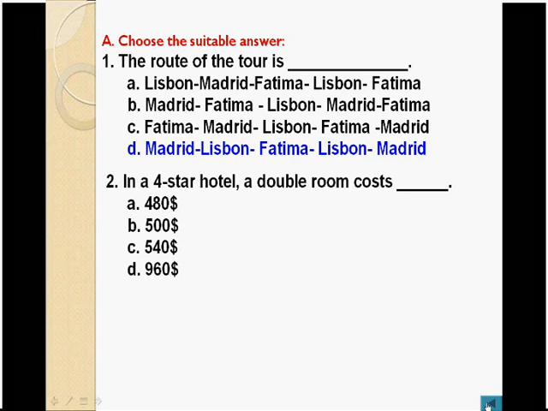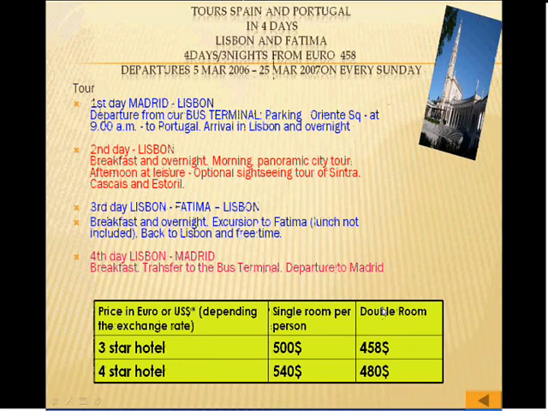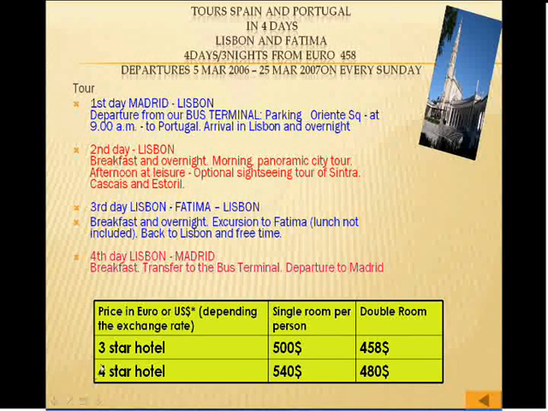Let's go and check the text. Yes, very good. So we have 4-star, and I would like to look for the double room. So the cost of 4-star hotel, double room. Okay.